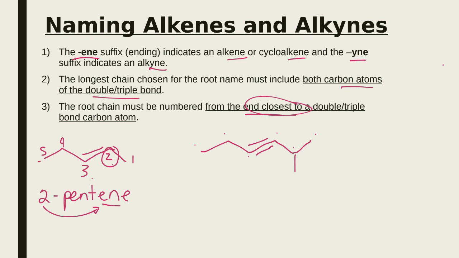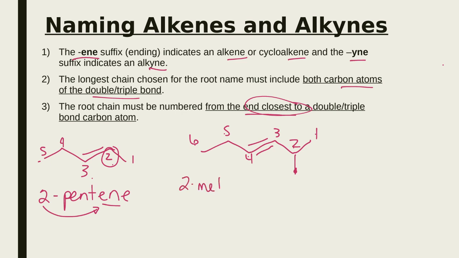When we have a branch, we then go to the branch position and we pick the side that is closest to the first branch, similar to how we named alkanes. So because the right side wins, we're going to start numbering from this side. 1, 2, 3, 4, 5, and 6. So we number our branches just like we did with alkanes. On carbon 2, I have a 1-carbon branch.